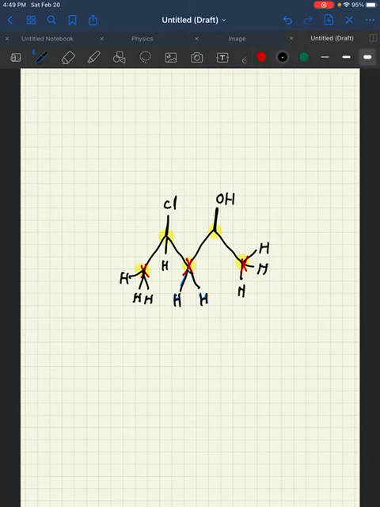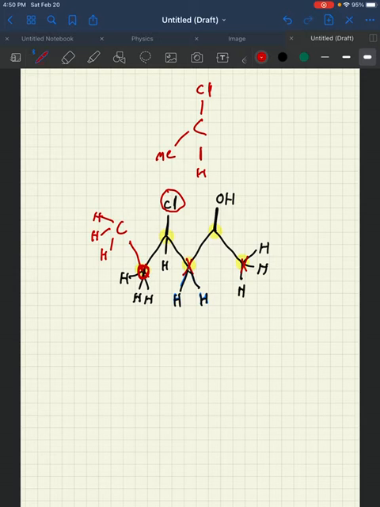So we have a carbon bonded to a chlorine, bonded to a hydrogen, bonded to a methyl group. I know this is a methyl group because this is just a carbon bonded to 3 hydrogens. So we know that that's a methyl group.